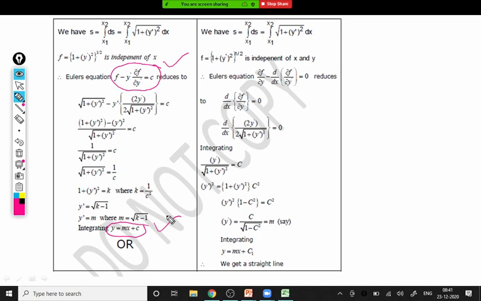The answer is correct. There is another way, by the first equation. If you do it by the first equation, your answer will be the same, a straight line only. But generally the calculation becomes simpler by this form, whenever f is free from x, whenever f is independent of x. Any doubt?